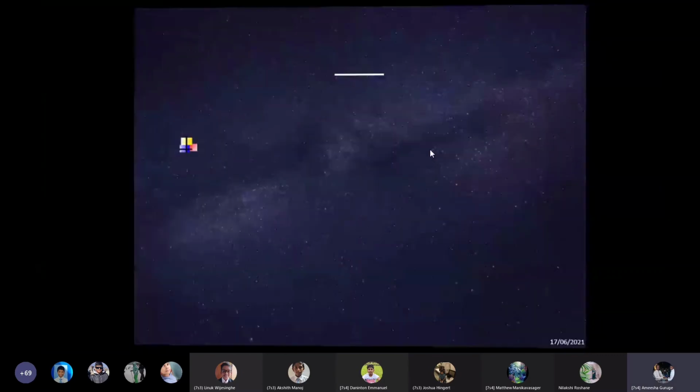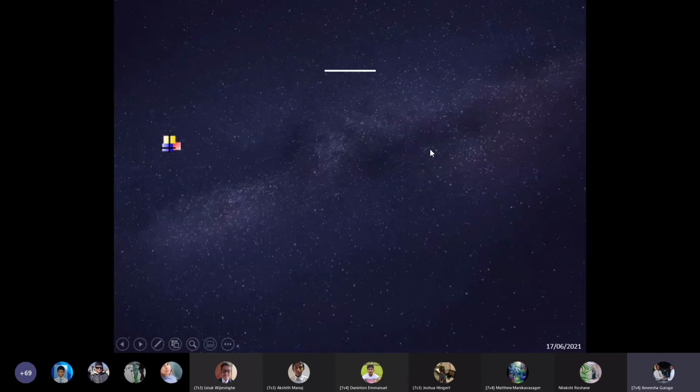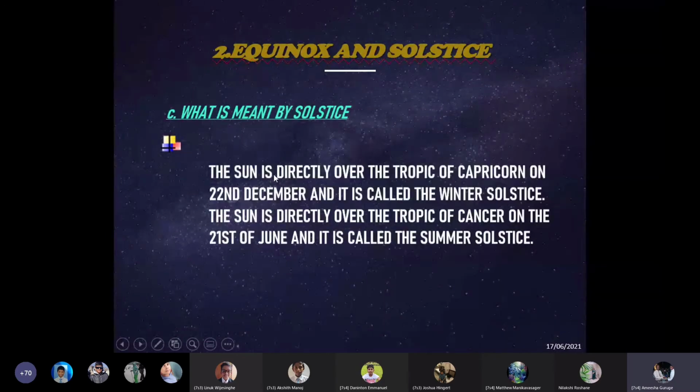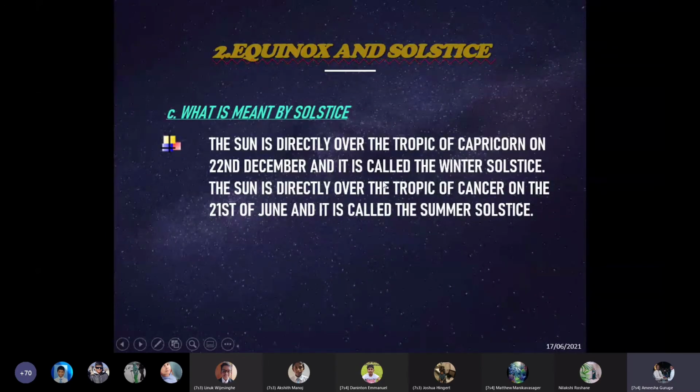Okay, so we have finished the two types of equinoxes, and now we are going to the third subtopic under the second main topic, that is what is meant by solstices. When the sun is directly over the Tropic of Capricorn or the Tropic of Cancer on a certain day, that is known as a solstice.